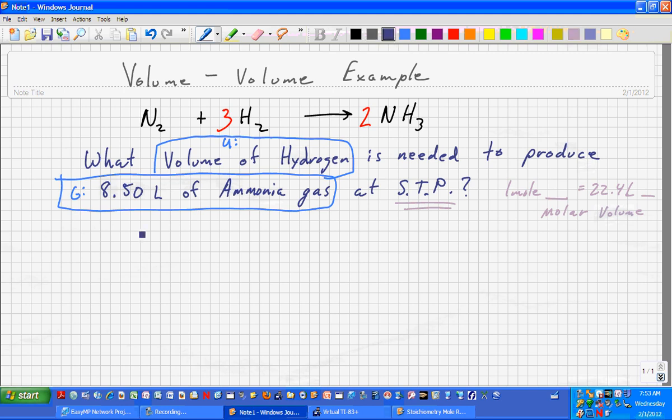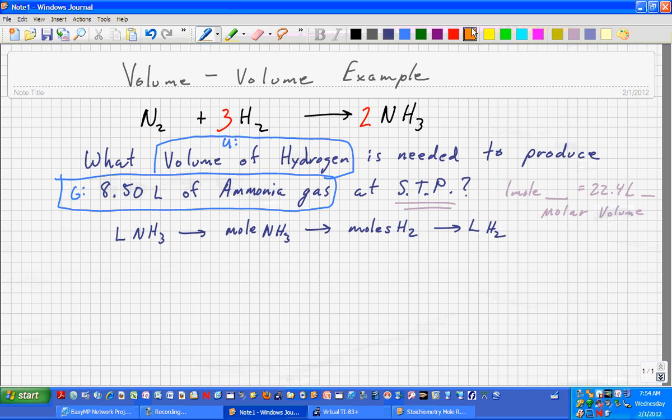So our path is going to look something like this. We're going to go from liters of ammonia to moles of ammonia to moles of hydrogen to liters of hydrogen. That's our plan.